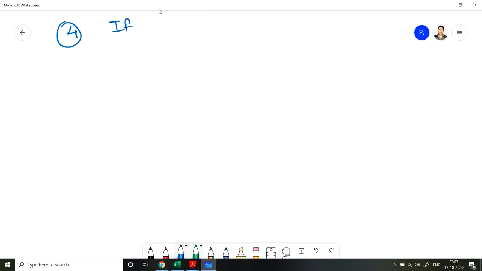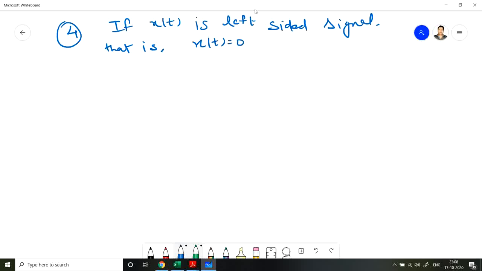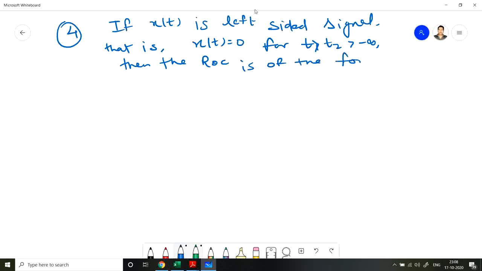So if x(t) is a left-sided signal, that is x(t) is equal to 0 for t greater than t2, where t2 is greater than -infinity, then the ROC is of the form real part of s is less than sigma minimum.